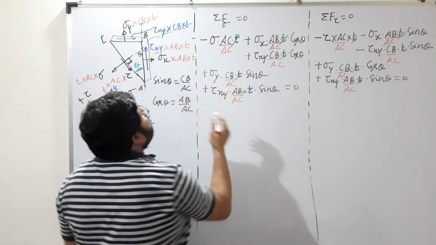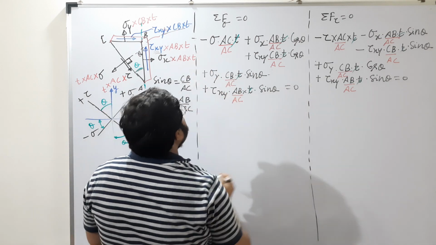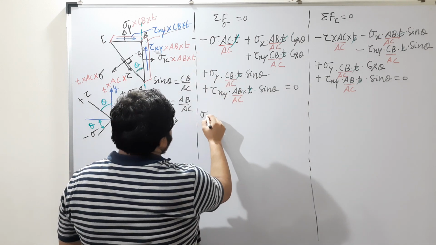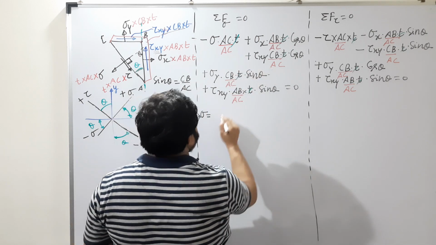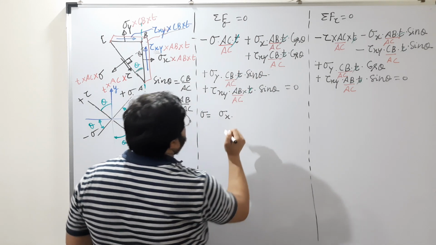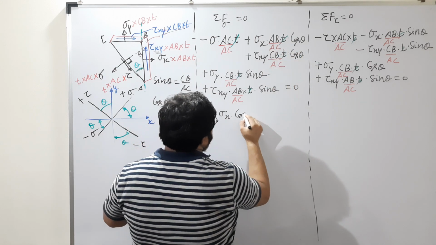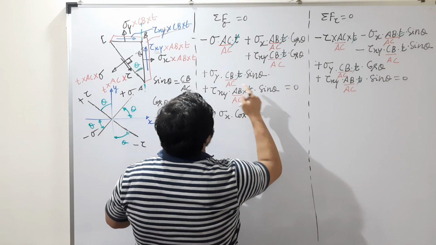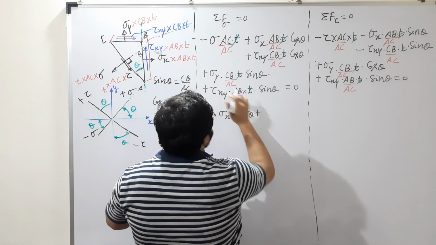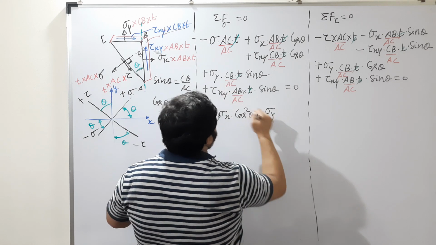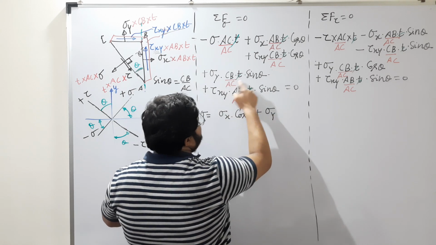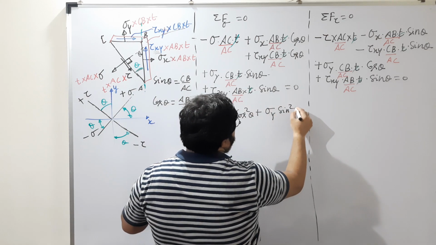So now this sigma we can put on the right hand side, so we'll get sigma is equal to sigma x, this is AB upon AC, that is cos theta into cos theta. So write cos square theta plus sigma y, this is CB upon AC, so sine theta, sine square theta.